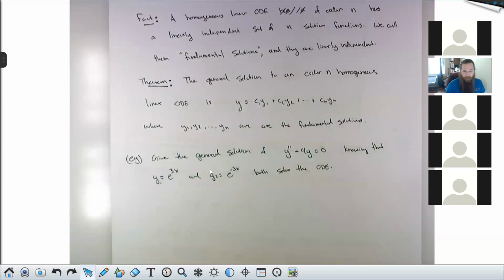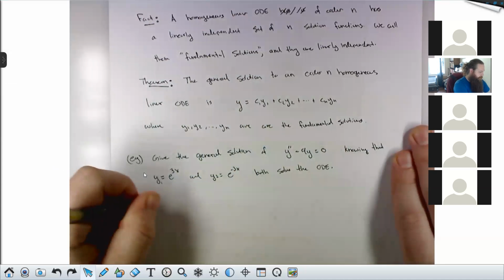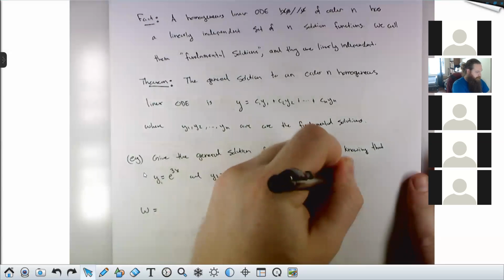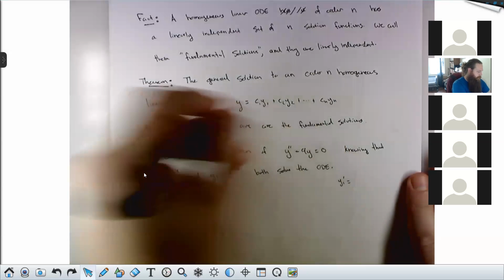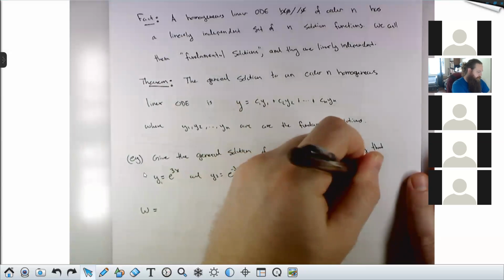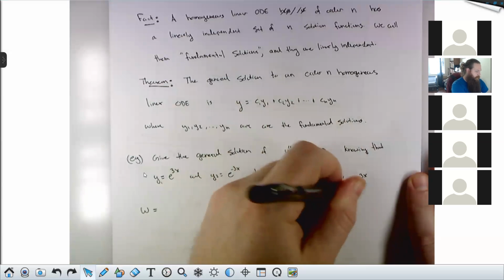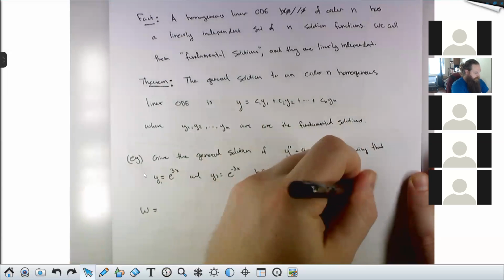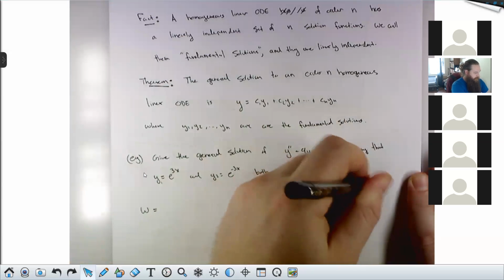If they were linearly dependent, then that would mean that I hold on to one and I need to find another. So what we're going to do is compute the Wronskian. Here, off to the side, y1 prime is 3e to the 3x, and y2 prime is negative 3e to the negative 3x.